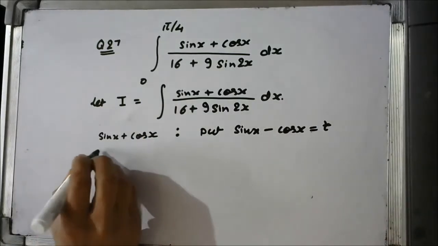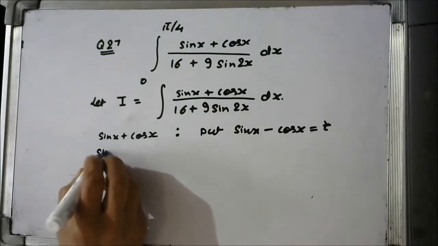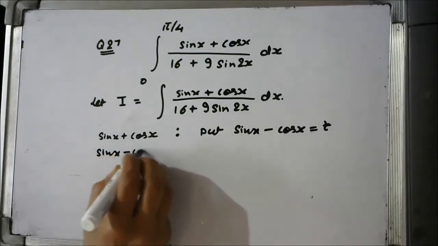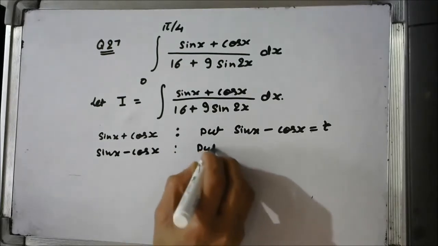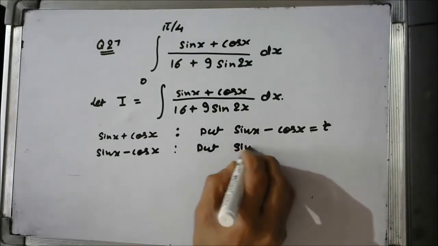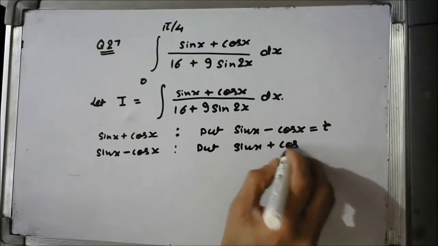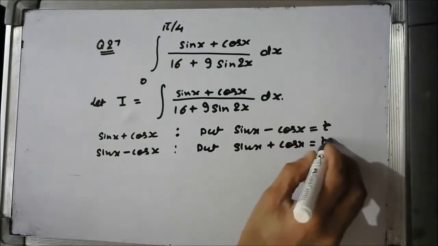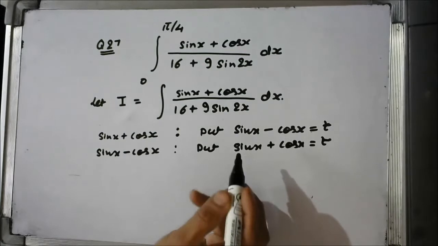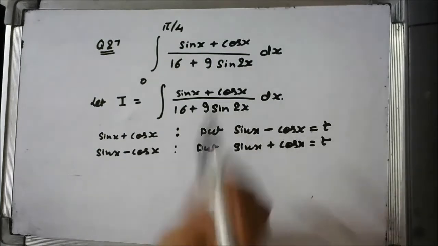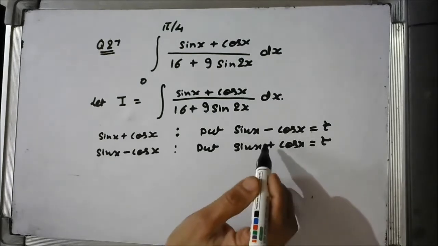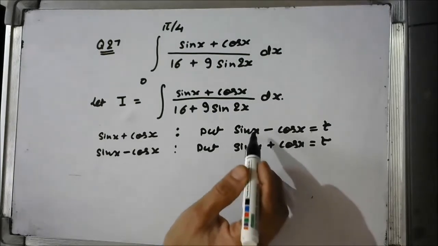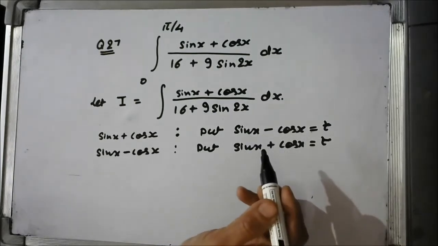If, however, in the numerator we have sin x minus cos x, then we will put sin x plus cos x as t. So this is the basic rule whenever we wish to evaluate this type of integral. The logic of these two rules will become clear from the solution of this problem.